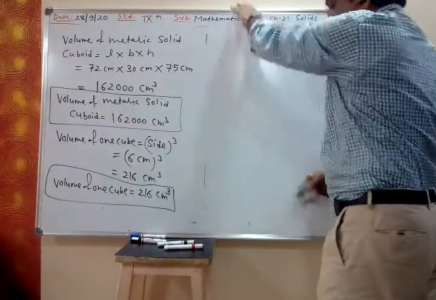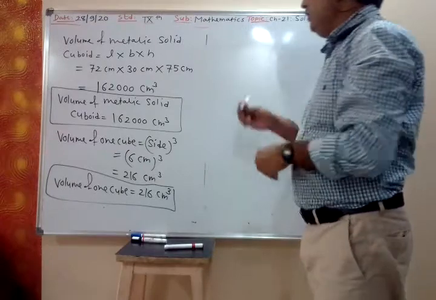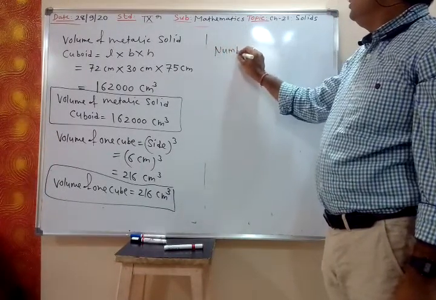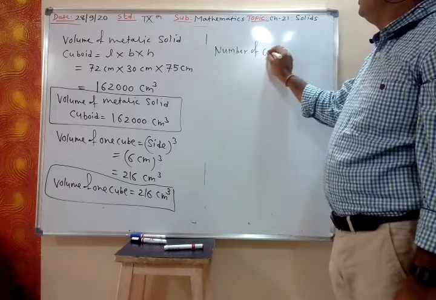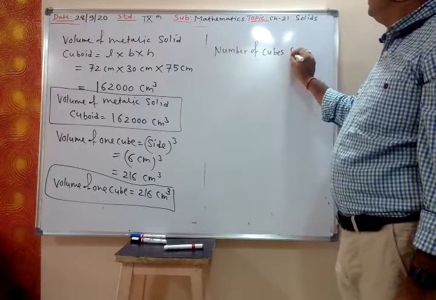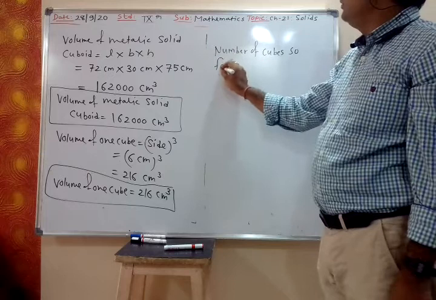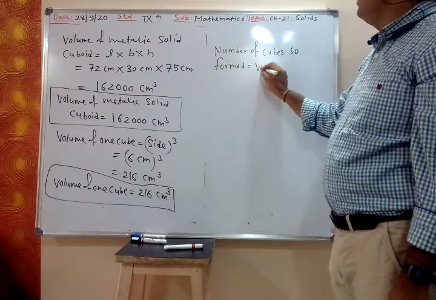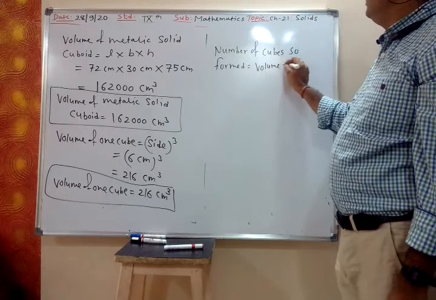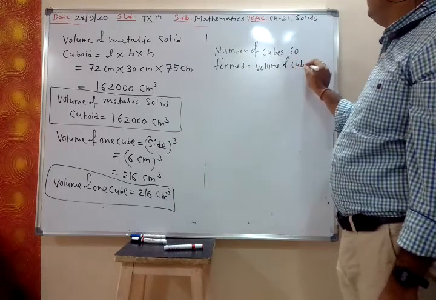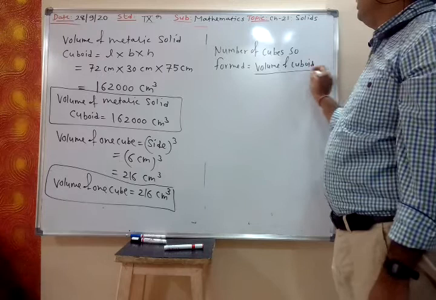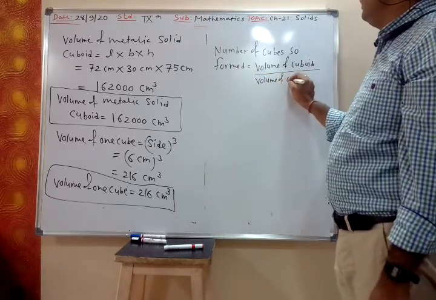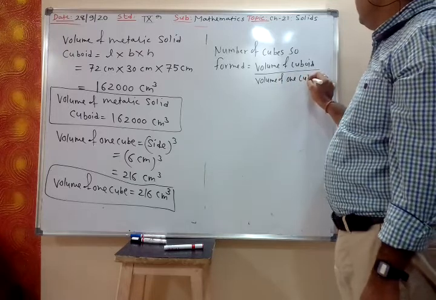The number of cubes so formed will be the volume of cuboid divided by the volume of one cube.